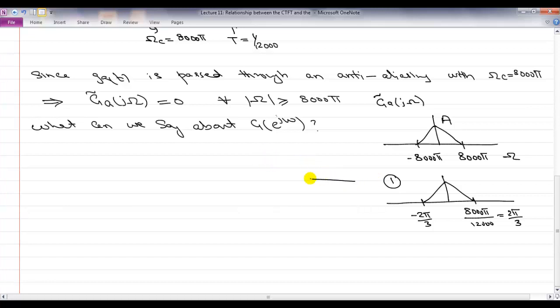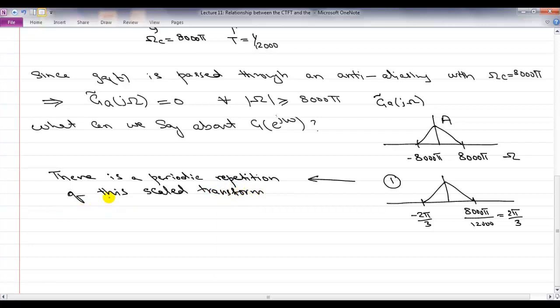The second step is that there is a periodic repetition of this scaled transform.